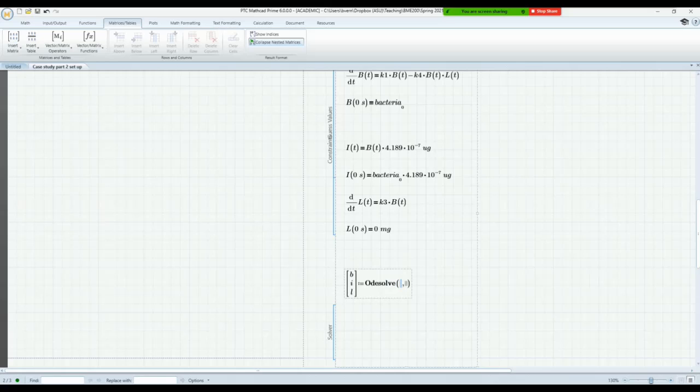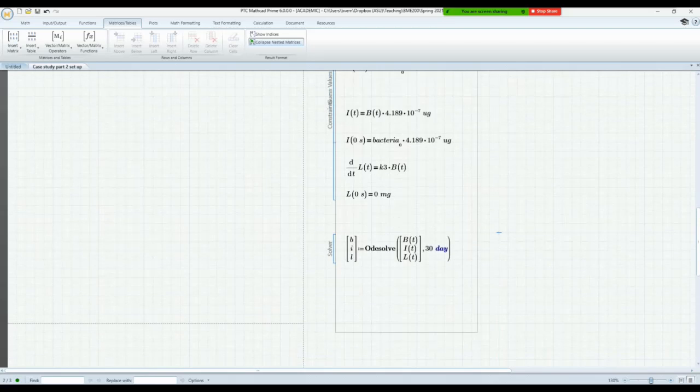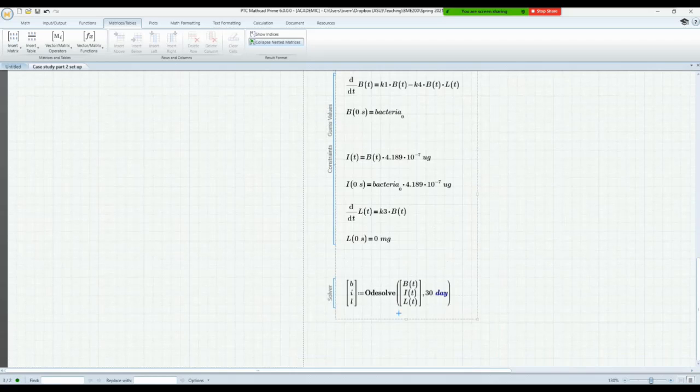And then here you need to have another vector, B of t, I of t, and L of t. And let's try just for 30 days, let's say. We may have to change that depending on what happens with the curve. So now we've got a solution here.